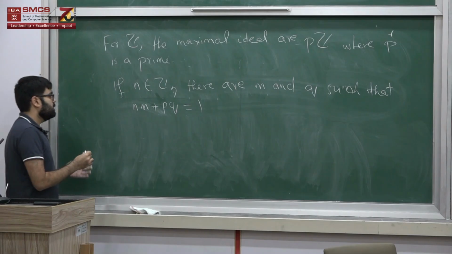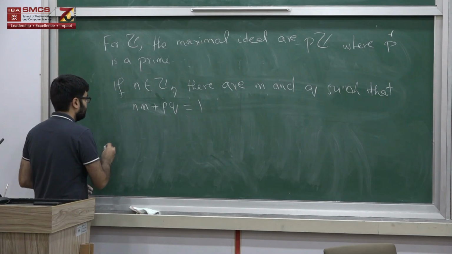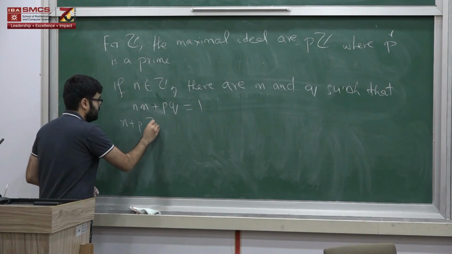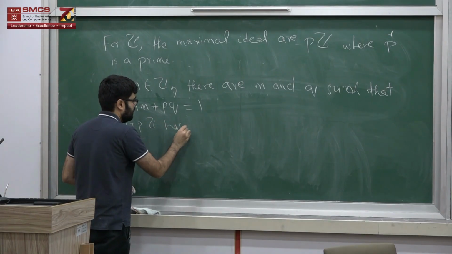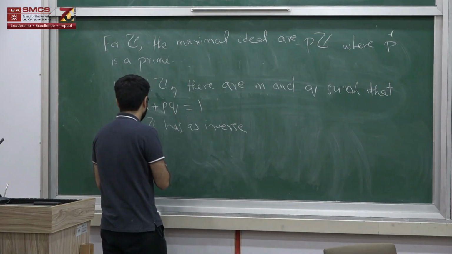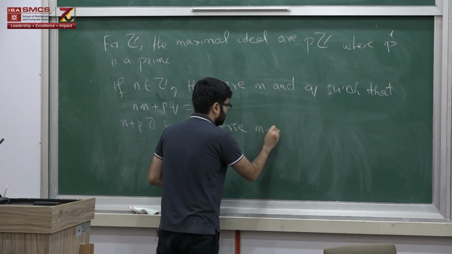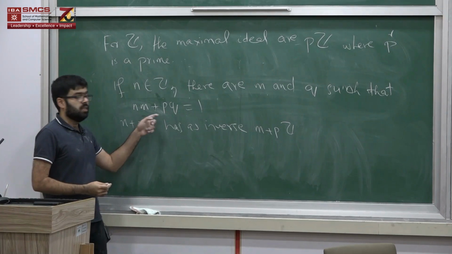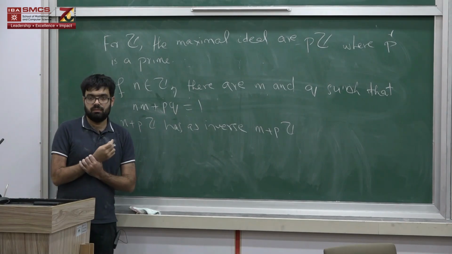And then in this case what happens is that n plus pZ has as inverse m plus pZ. So this is what this equation is telling me.